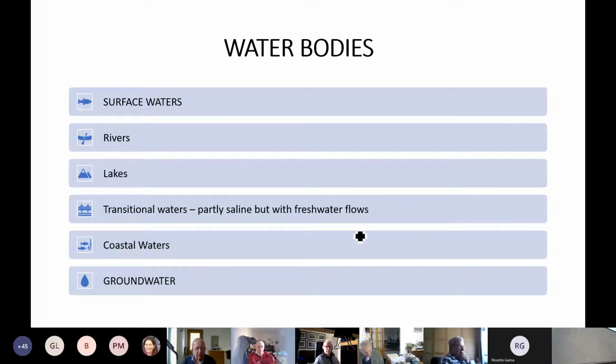It applies to a number of water bodies, surface waters divided into rivers, lakes, and that would include ponds, transitional waters, which are sort of the edge between tidal waters and fresh waters, coastal waters, and then also groundwater. And this is regardless of size. A small pond has exactly the same status as a lake in the Lake District.